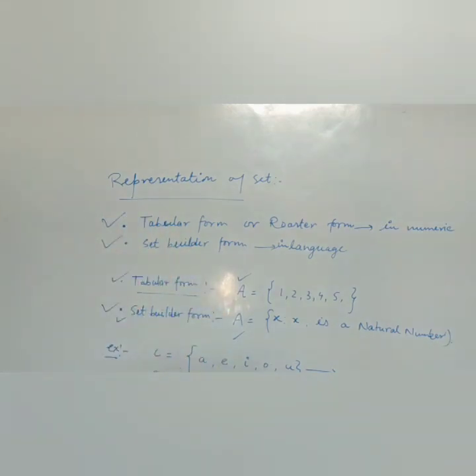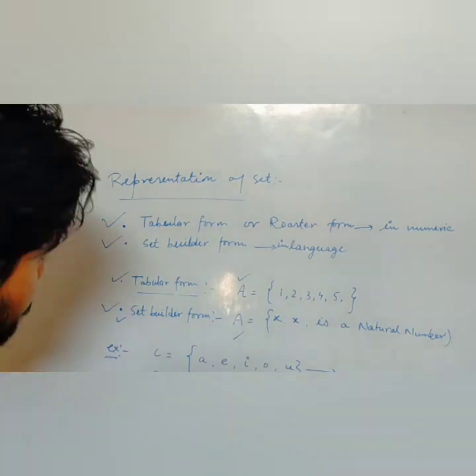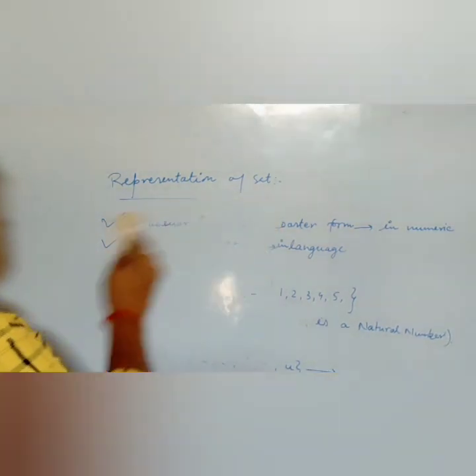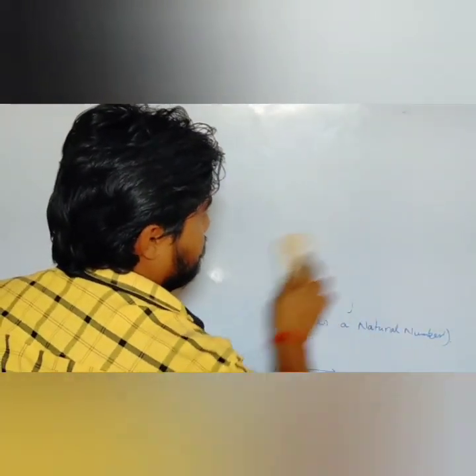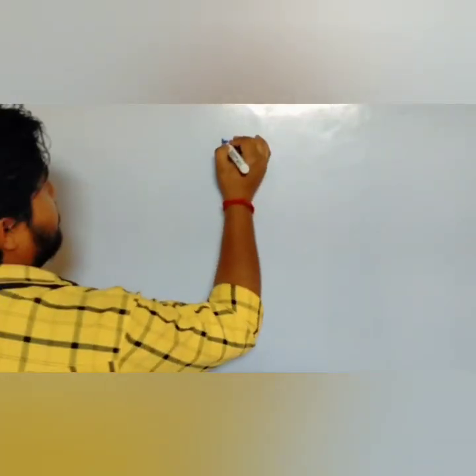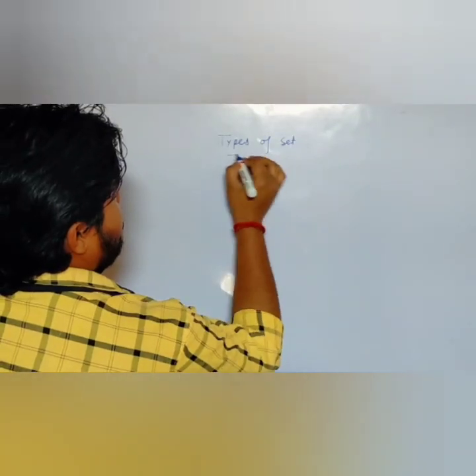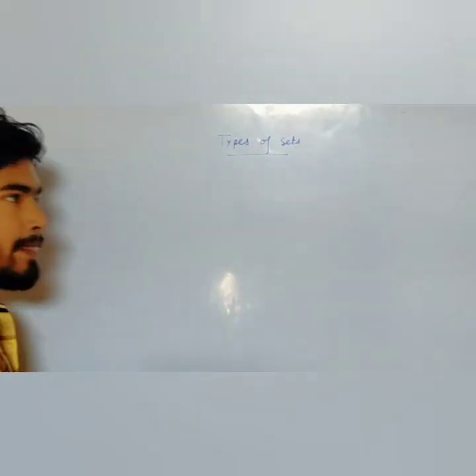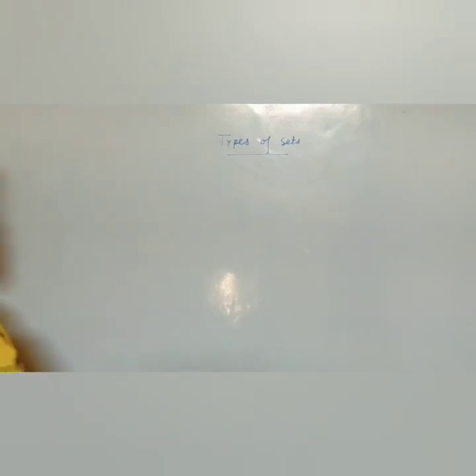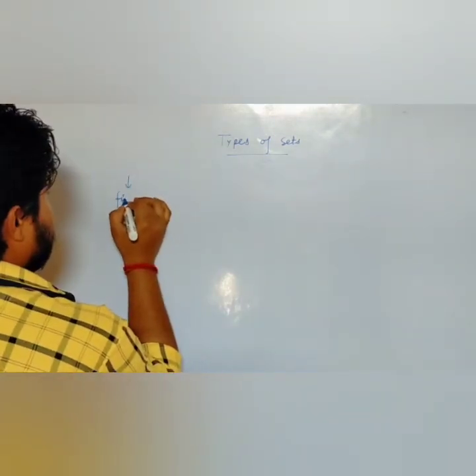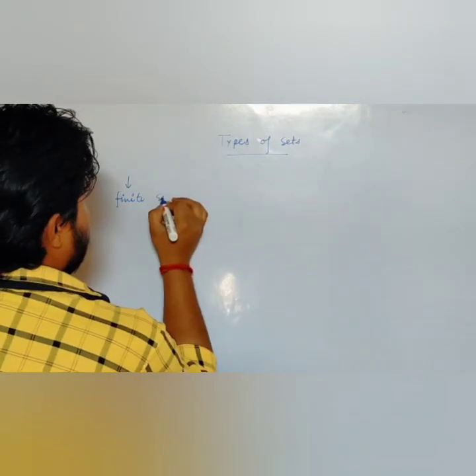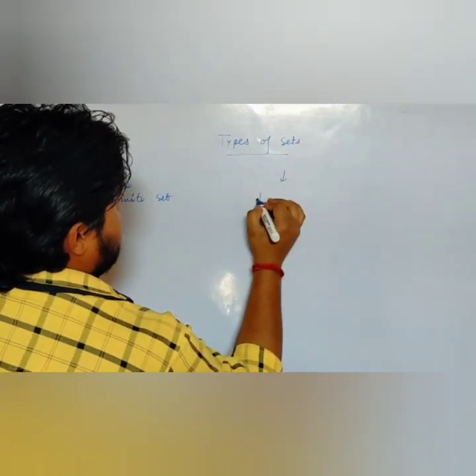Now next, I discuss the types of sets. This is the finite set, and second is the infinite set.